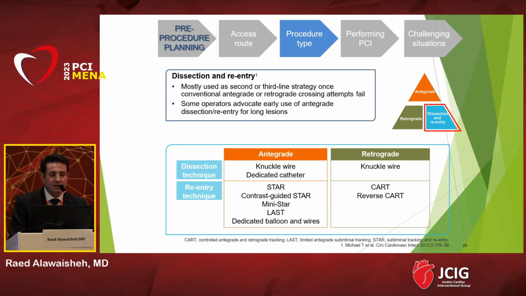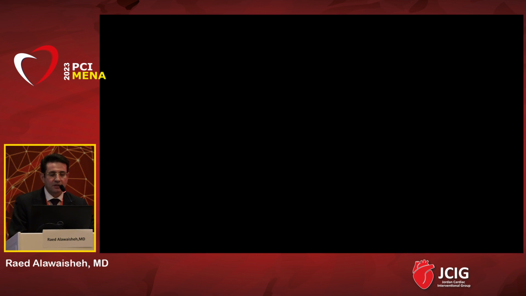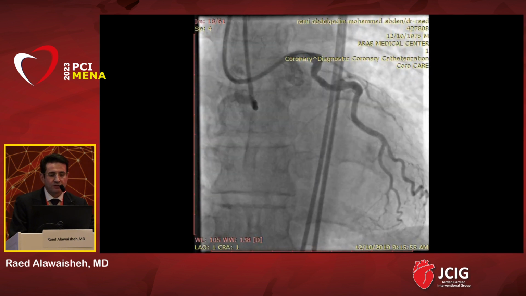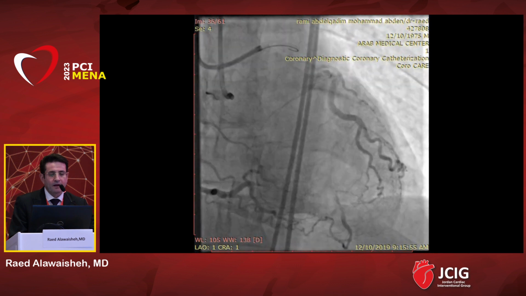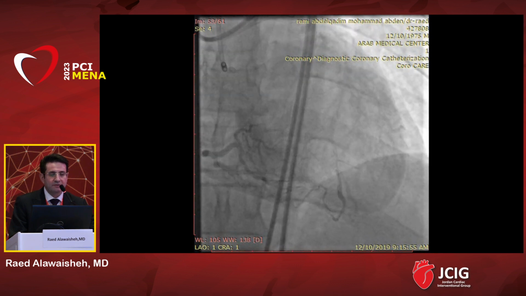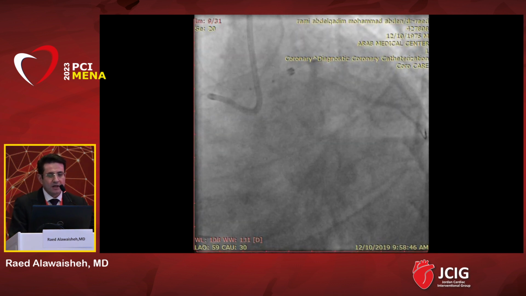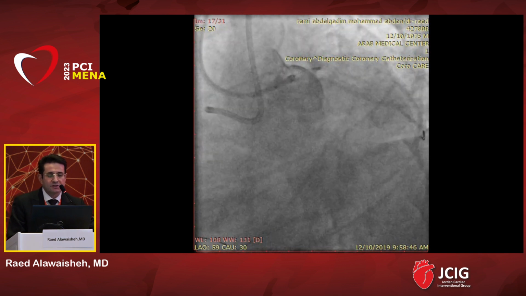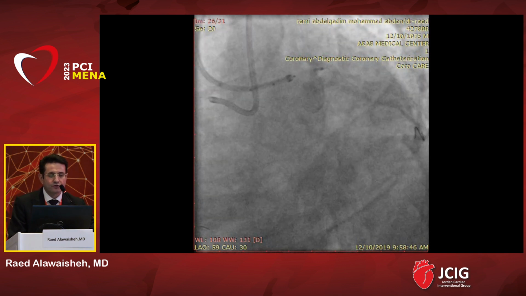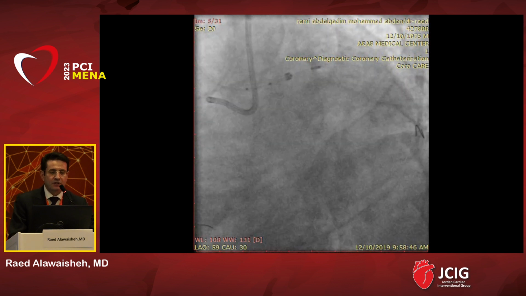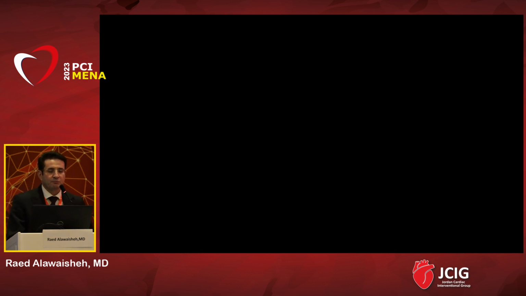And you can see and appreciate very well here by the CT that there is a significant tortuosity in the vessel. So this is when you go with the side-by-side view of live fluoro and the CT. This will make it easier for you to go with the antegrade. This time, I prepared myself very well.